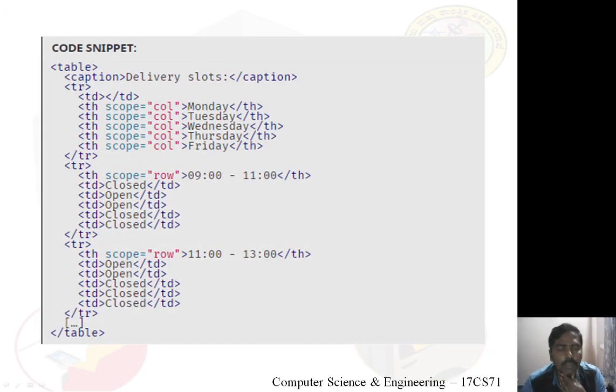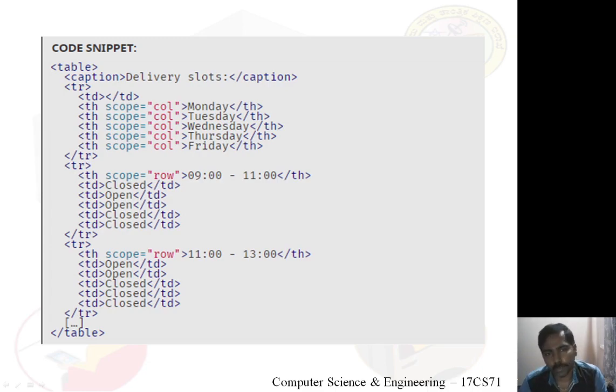Okay, just have a look. See here. First, I'm creating the first row. The data cells in the first row are nothing but headers, so I'm using the th tag.